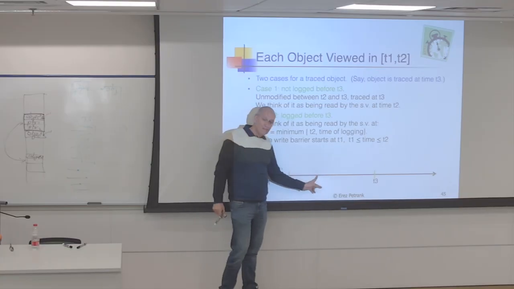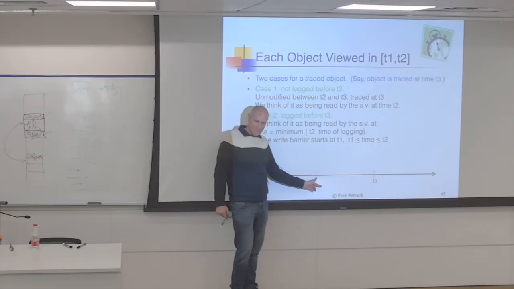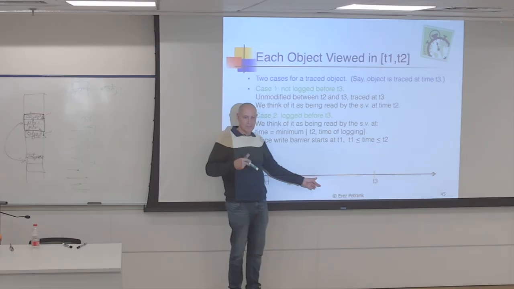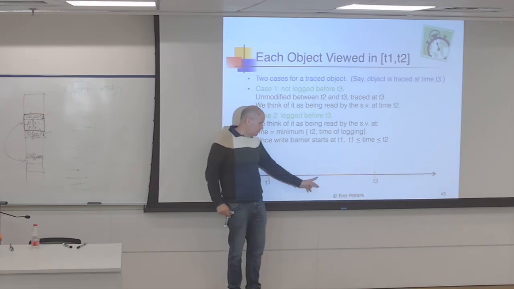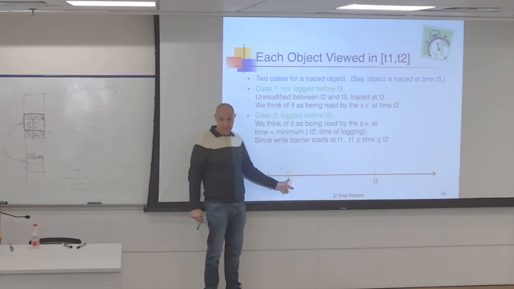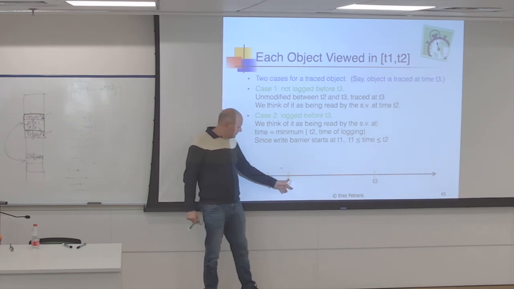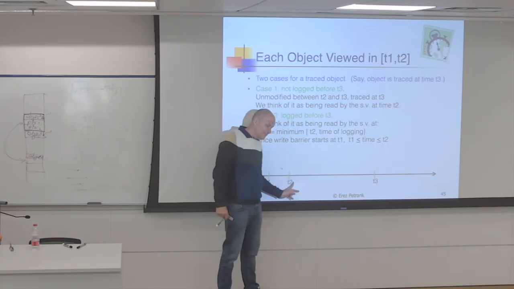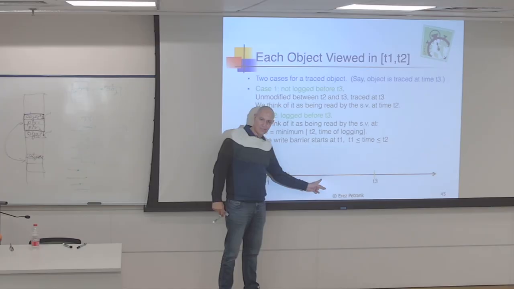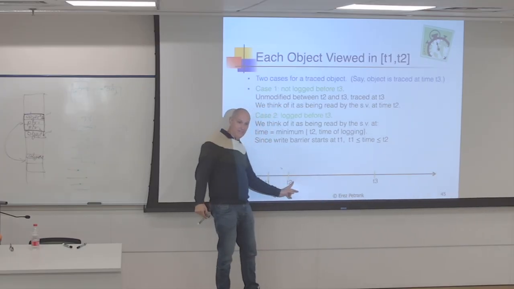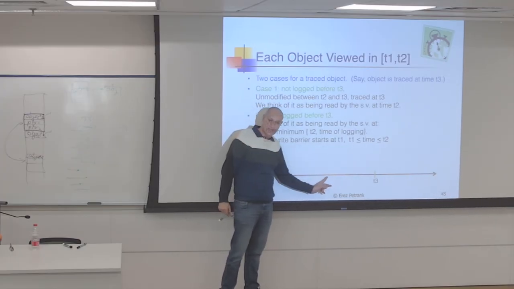If it was logged after T2, then what I know is that it's the first time it was modified after T2, because I assumed that at T2 everybody is running the write barrier. If it was modified between T2 and the time it is logged, then it must have been logged earlier. But it was not logged until here.